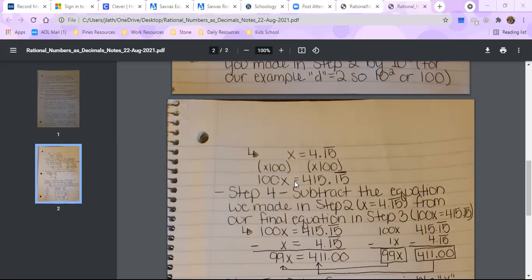So 100 has 2 zeros. So guess how many places we're moving the decimal? 1, 2. So our new number is 415 point. We still have that 1, 5 that's going to repeat over and over again. So our new equation looks like this: 100x equals 415.15 repeating.